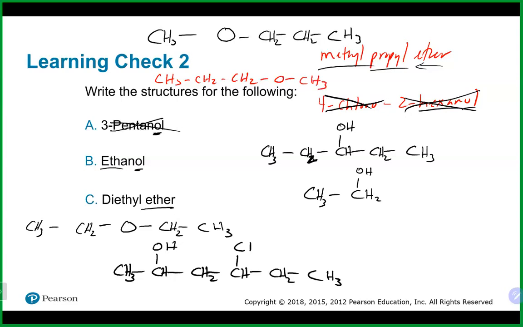Yeah, either way. Other questions? Yeah, so the nice thing about when you're drawing it is you really could choose whichever way you want to go. As long as you have the correct number of carbons on either side of the oxygen, for example, it's okay no matter which way you go. It's basically just the same molecule, just turned around. Other questions? Okay.